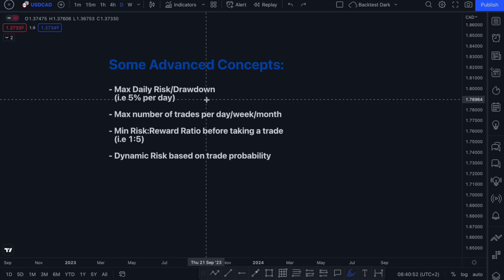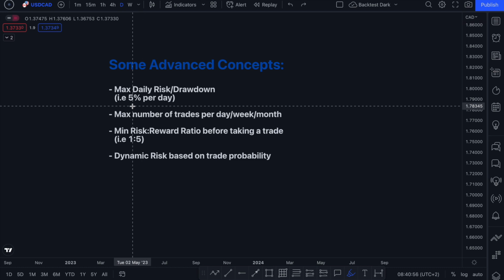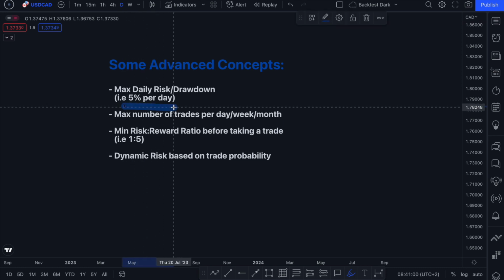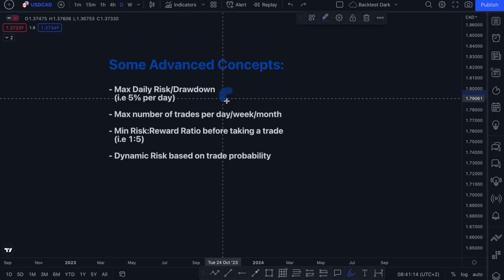Essentially, what it means is that for every trading day, you are telling yourself that you are only risking 5% of your trading account as a total for that day. So irrespective of the number of trades that you take in that particular trading day, as soon as you have lost 5% of your trading account, you are done for the day.